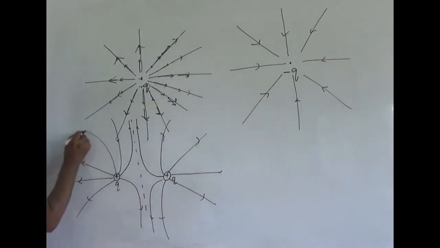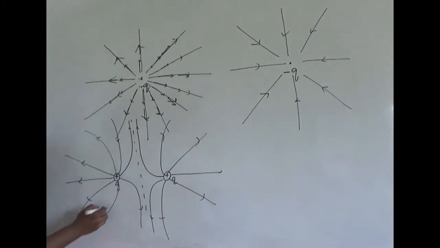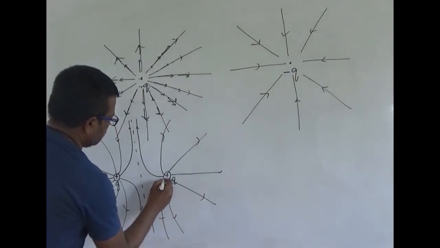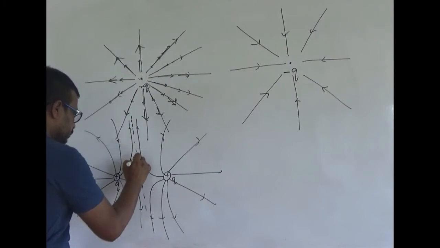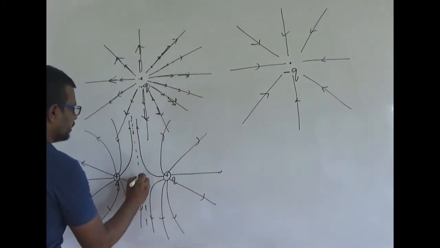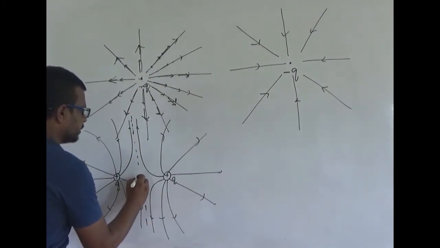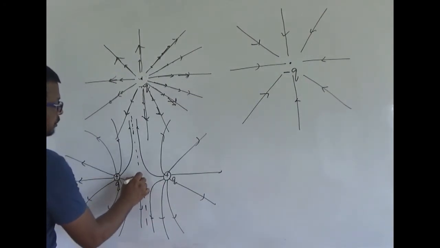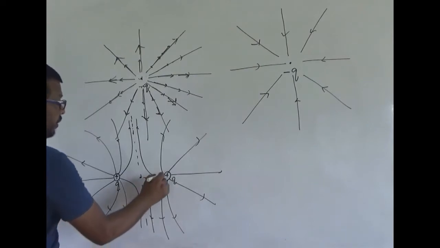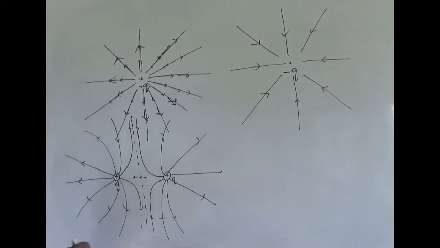And in this line, if we take any point, at this point, the field due to this charge will be along this direction, field due to this charge will be along this direction.